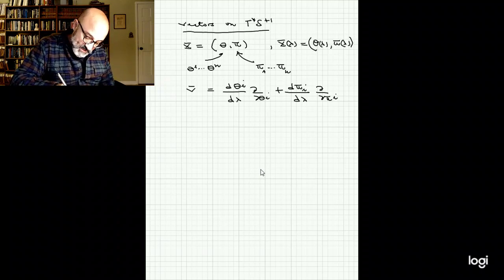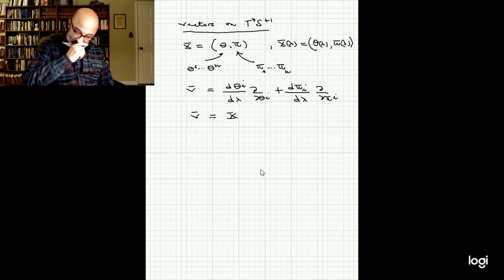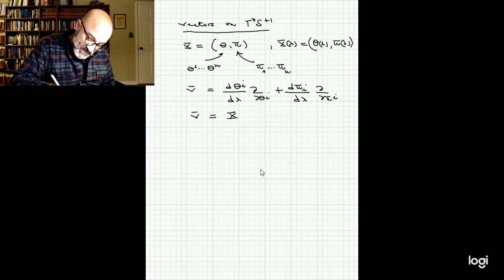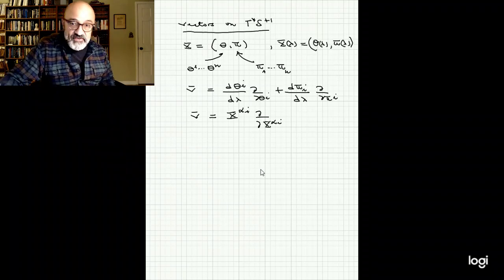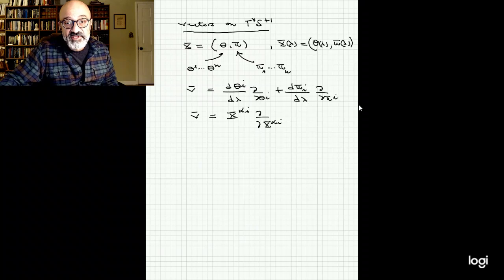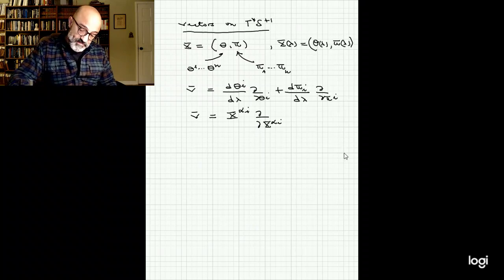We can write this as x with this composite index that we discussed last time, x^alpha_i, where alpha equals 1 refers to theta and alpha equals 2 refers to pi.